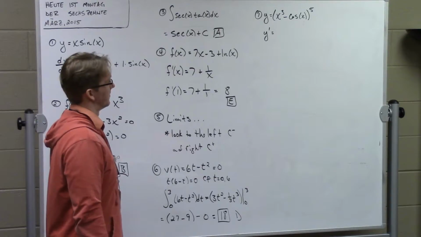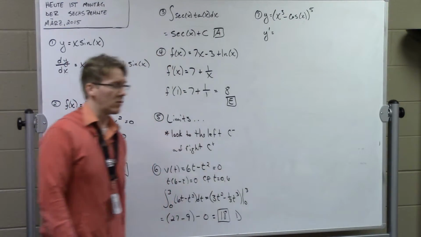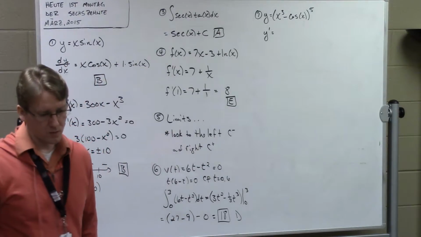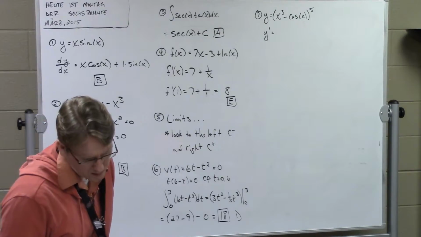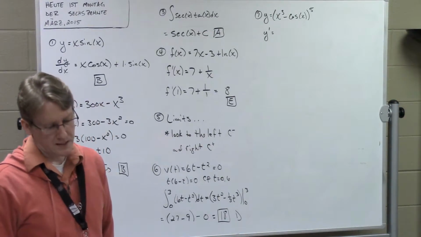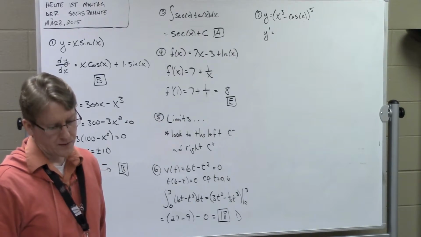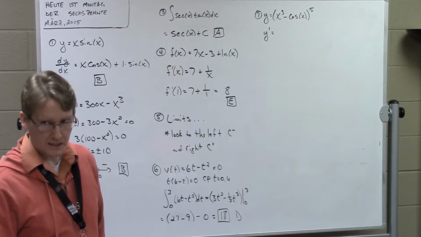Very good, chain rule. For those that have forgotten the chain rule, the most common wrong answer, by the way, was B, because they did the derivative of the outside and the derivative of the inside at the same time, without actually chaining it.